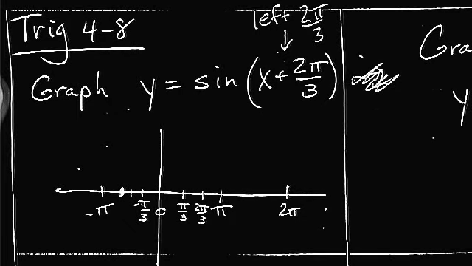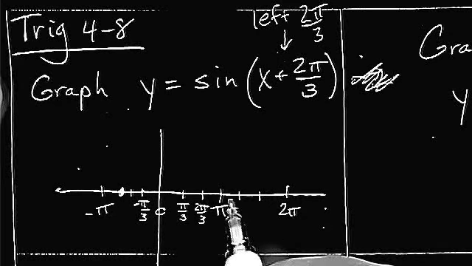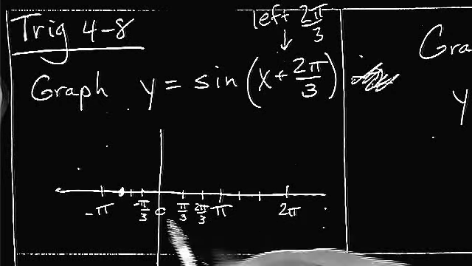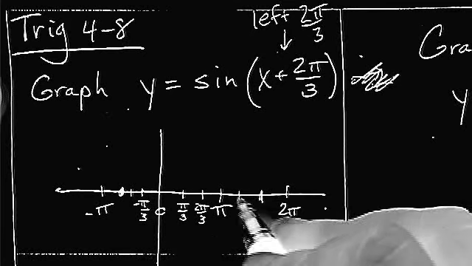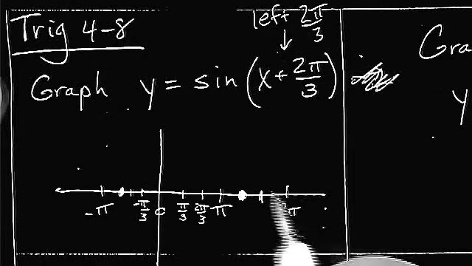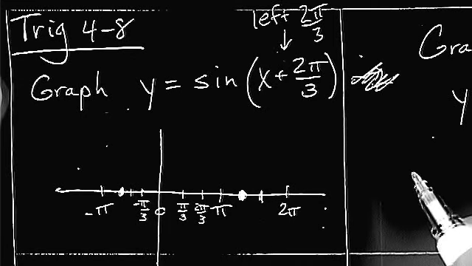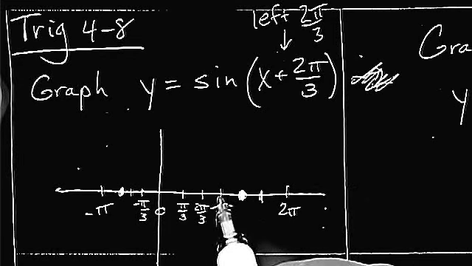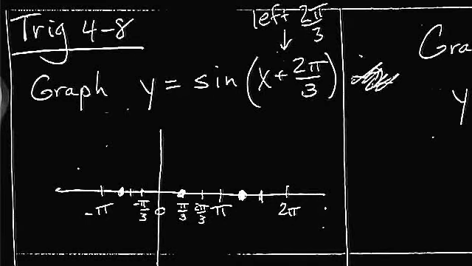So now I want to move all the way to the right 2 pi units. So that would be this point right here. It happens to be 2 pi over 3 shoved over to the left from where it used to be. And this one had an x-intercept at pi, but it got moved over to the left 2 pi over 3 also.